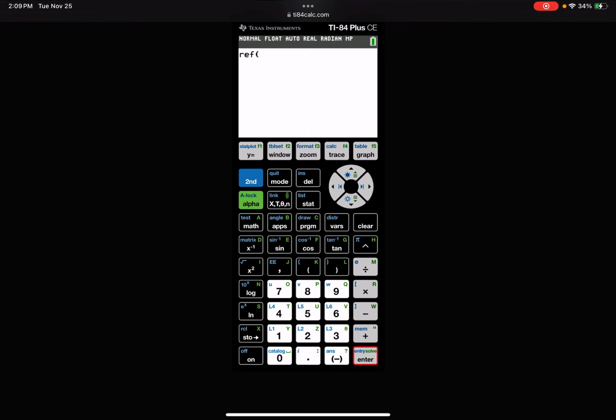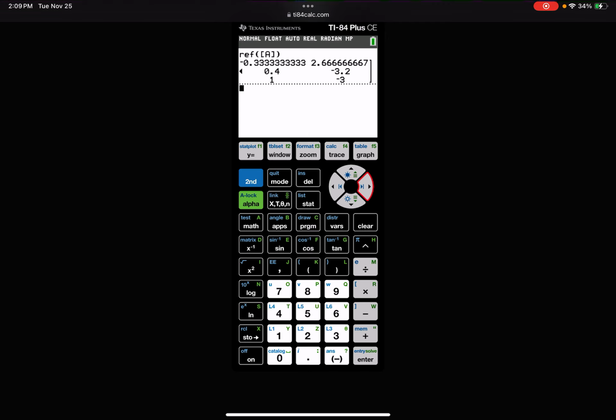Now I need to enter the matrix that I just put in, so I hit second matrix again. It's highlighted on the matrix A that I just created, the 3 by 4, so I hit enter. I can close those parentheses, and then I hit enter again, and it gives me the row echelon form of this matrix.